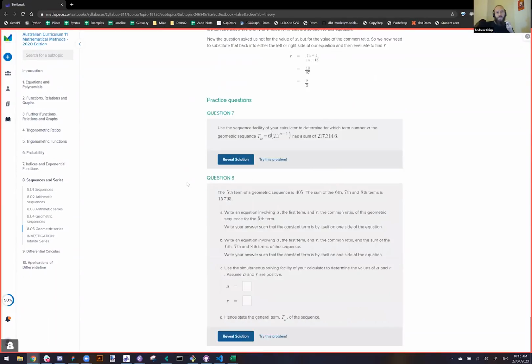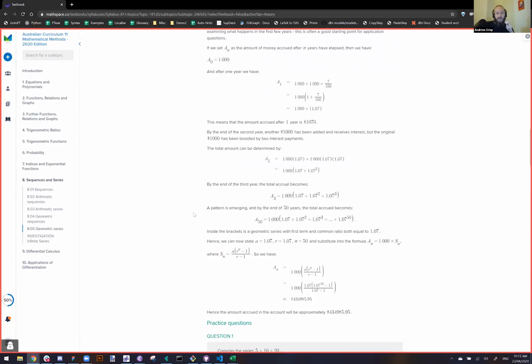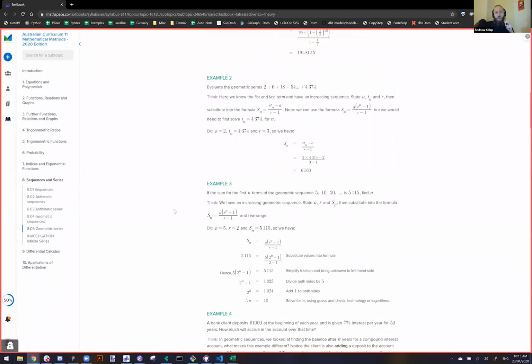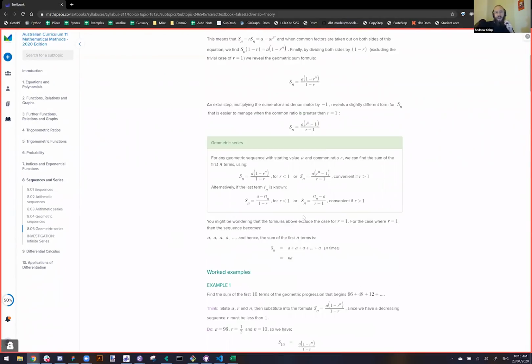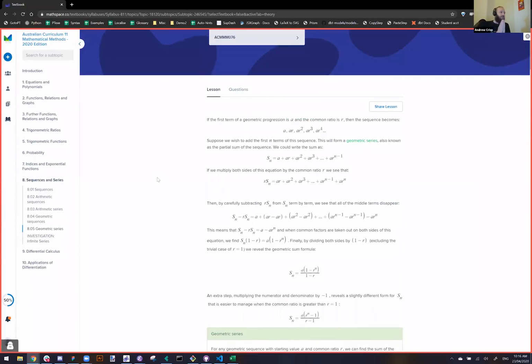down the bottom, when we're talking about, oh, it's not in here. I think it's in the investigation, I see. When we have values of r less than 1 and we have a limiting series. Okay, so let's start with the basics.